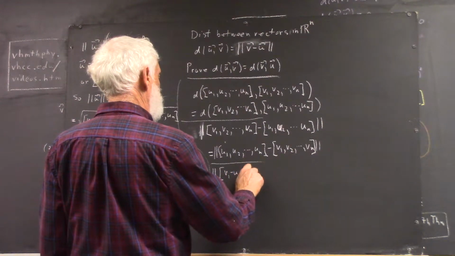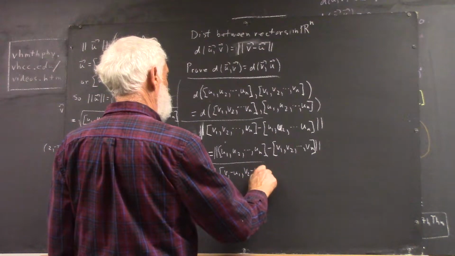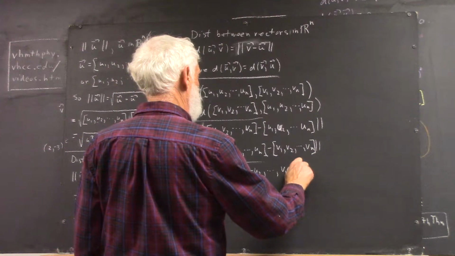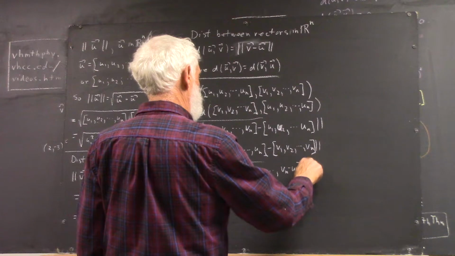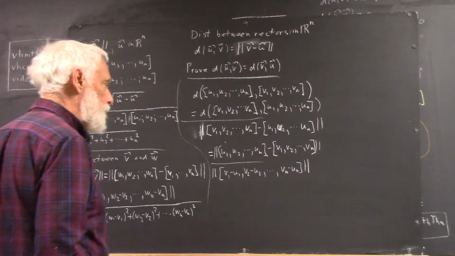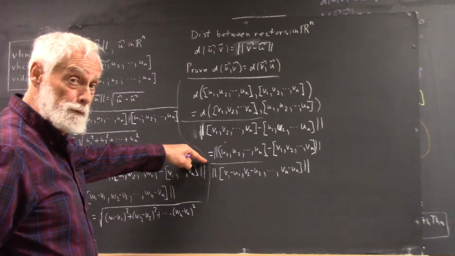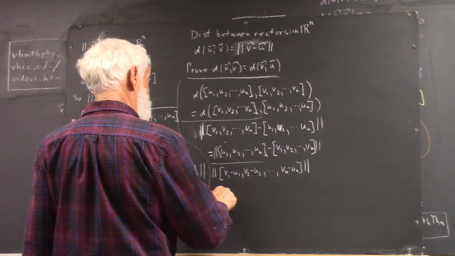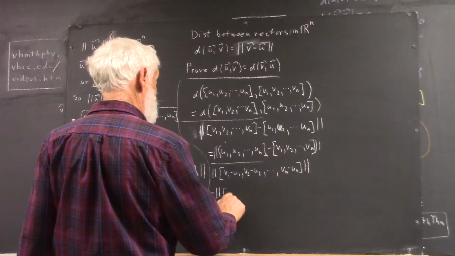V1 minus U1, V2 minus U2, up through Vn minus Un. Okay, that's this one. What's this one? Write it out. Stay a step ahead of me. Pause until you've got it.